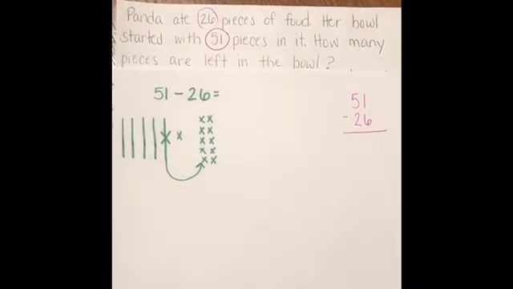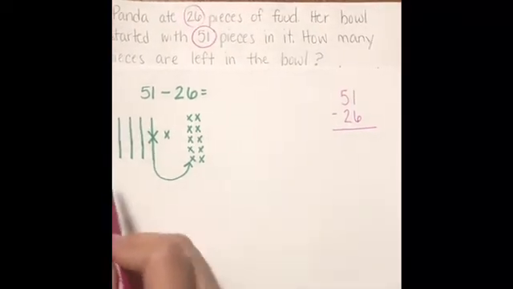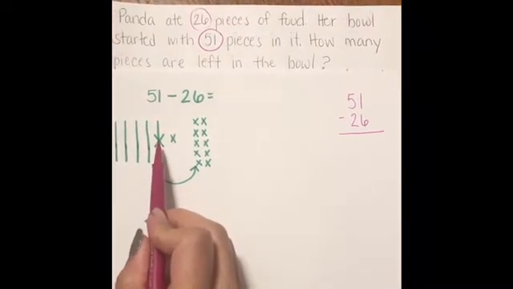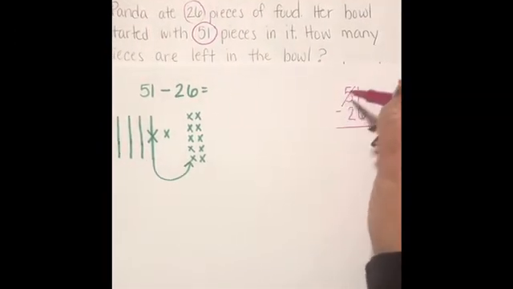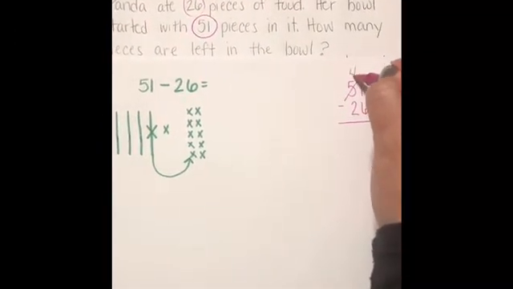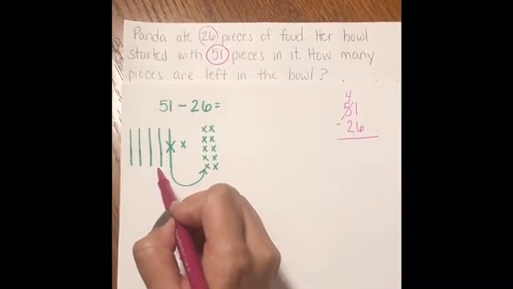So I had 5 rods here, but I took 1 away. So I'm going to not have 50 in my tens place anymore. Now I only have 40. Those are 4 rods right here.